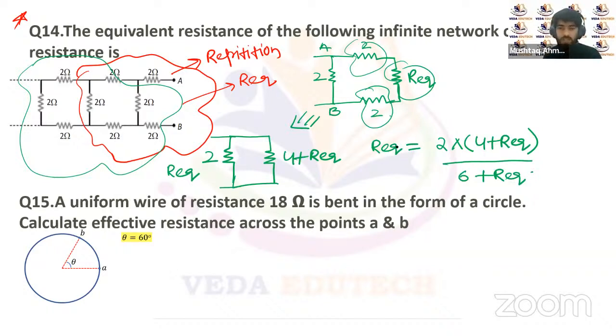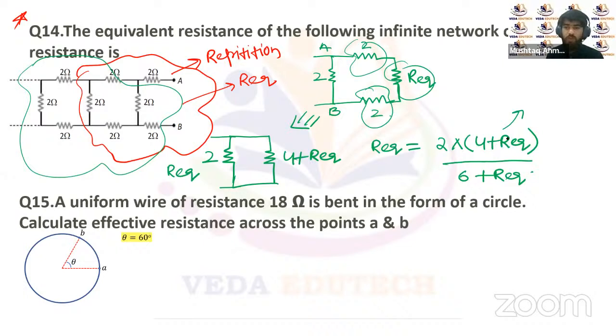Now what should be the value of this R equivalent such that it satisfies this condition? Let's suppose we put R equivalent equal to 1. It will be 2 times 5, that is 10 upon 7. If we put 2, it will be 12 upon 8, which does not satisfy.